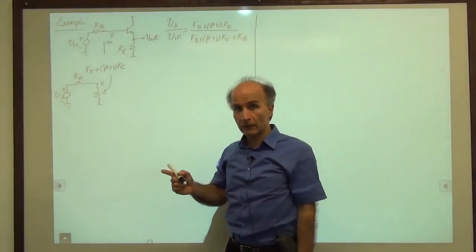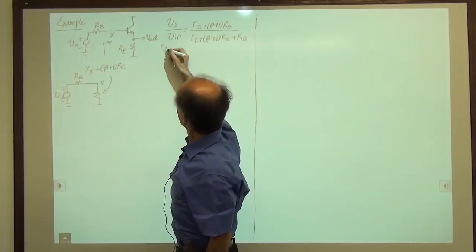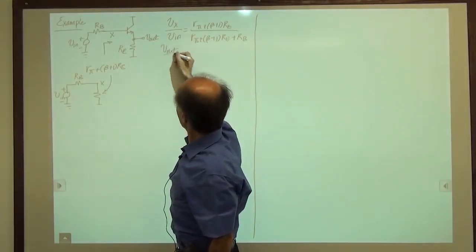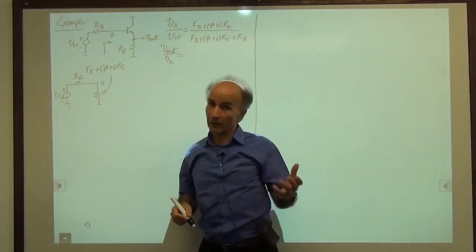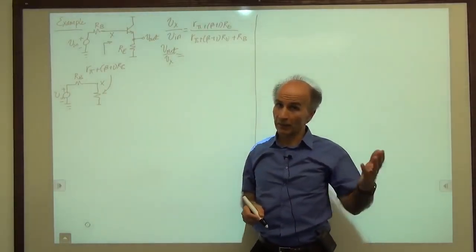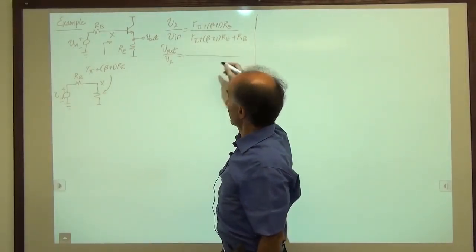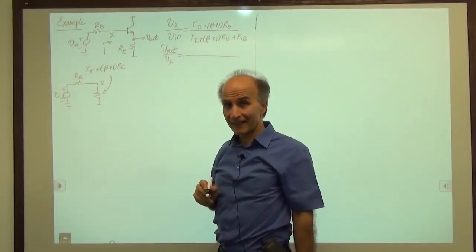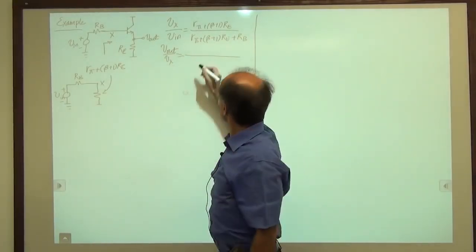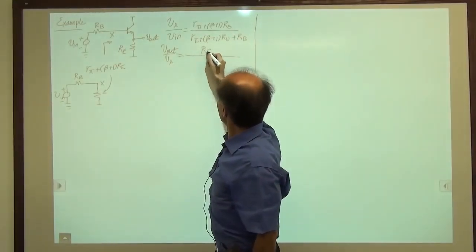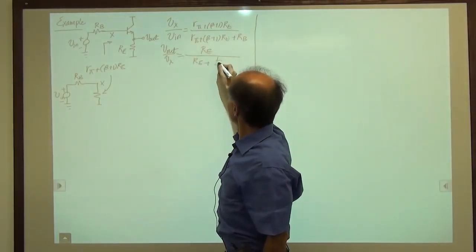The next step, we find the voltage gain from X to V out. So V out over Vx. How much is that? We know that already. That is the voltage gain of an emitter follower. So the gain of an emitter follower is given by the total resistance tied between the emitter and ground, Re, divided by Re plus 1 over Gm.